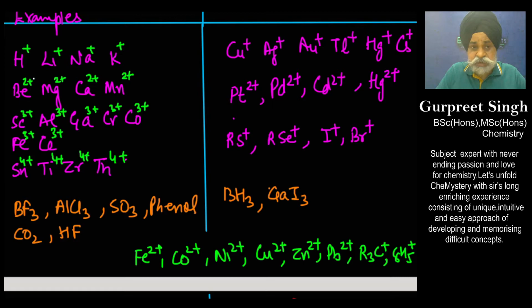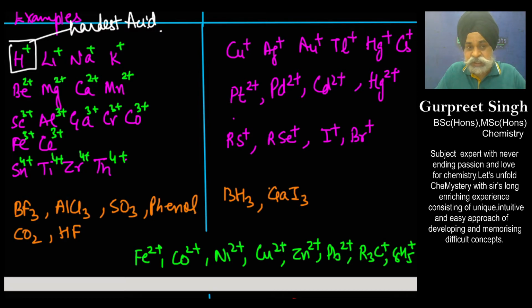First, H positive is the hardest acid. You can say it is the hardest acid, H positive. Then alkali metals, and then alkaline earth metals, all these are positively charged, and then species which would have 3 positive charge or 4 positive charge.